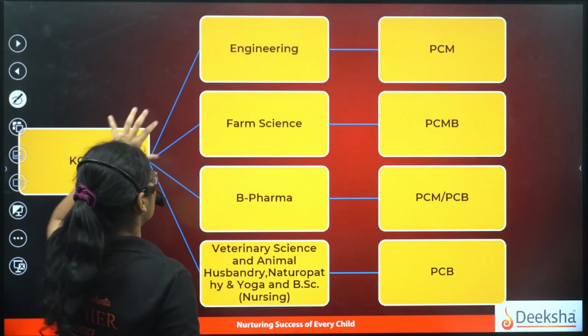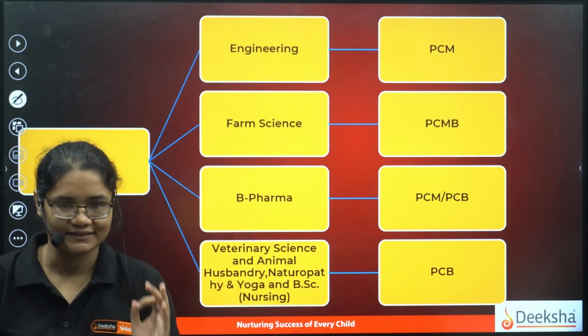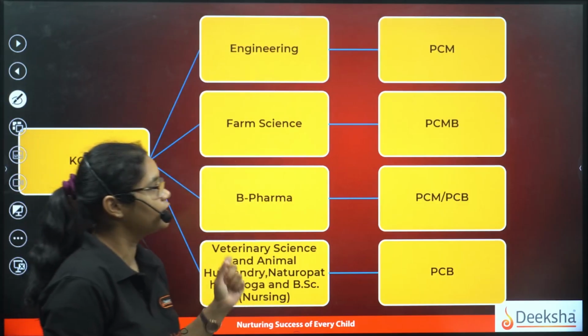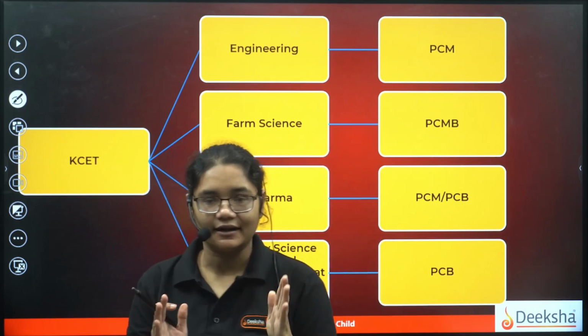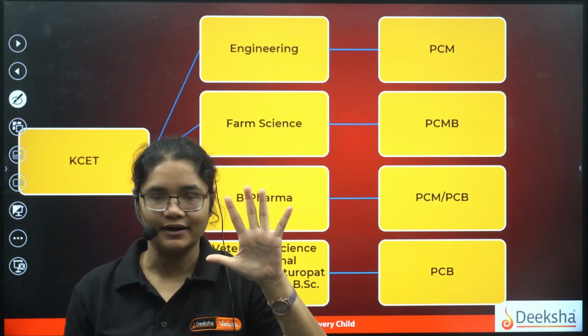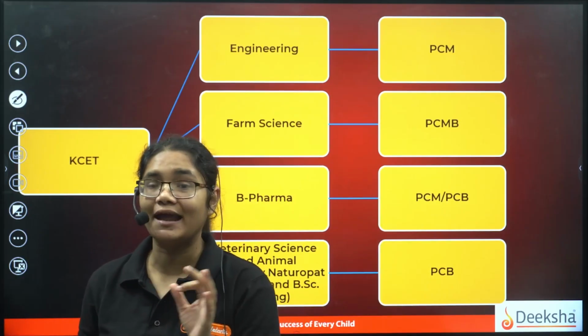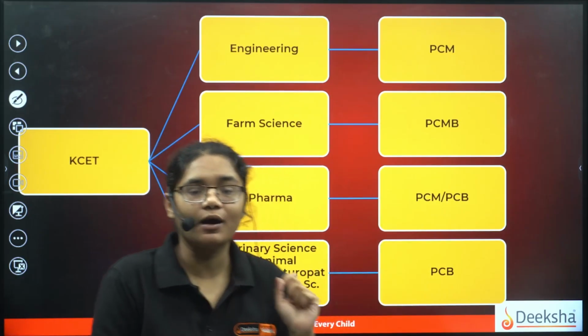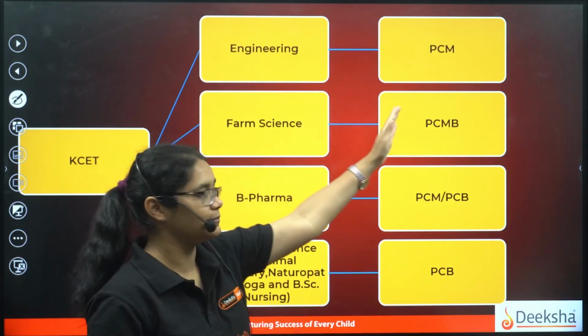Now, if you want to get into engineering through KCET, you have to write the exam for physics, chemistry and maths. The exams for all the subjects are conducted separately: physics one paper, chemistry one paper, maths, bio and Kannada. If you are interested solely in engineering courses, you have to go for physics, chemistry and maths.